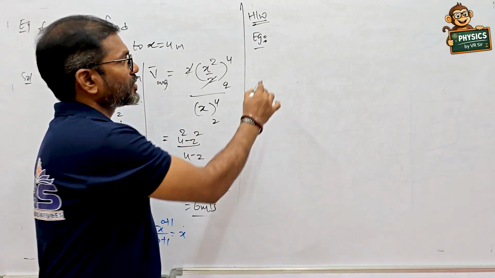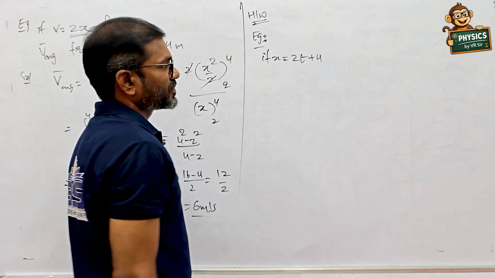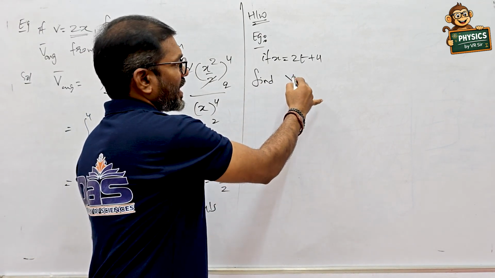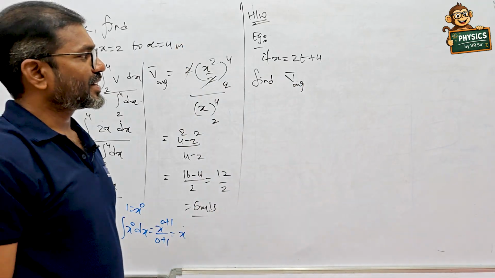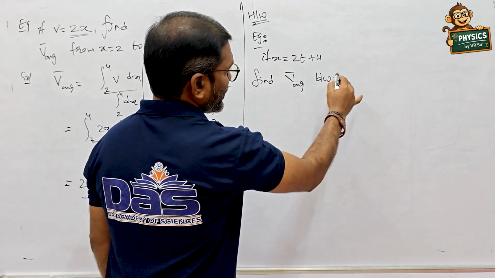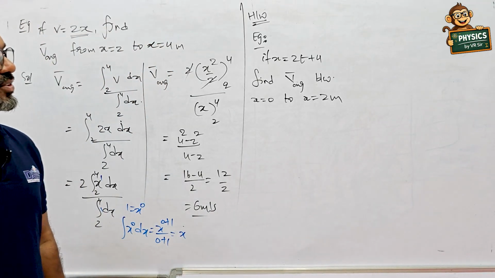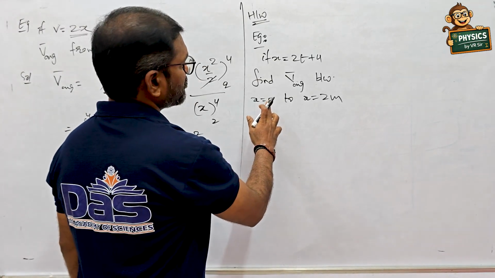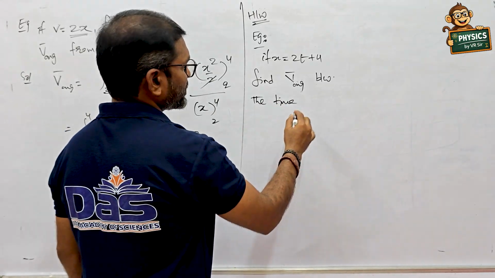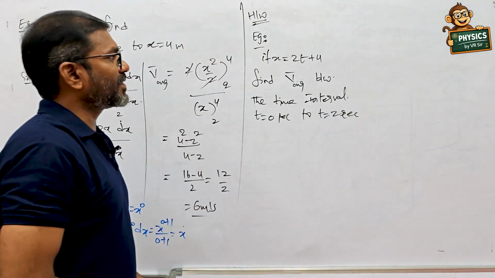If position is a function of time given as 2t plus 4, find the average velocity between the time interval t equals 0 seconds to t equals 2 seconds. Now you can find the average velocity.